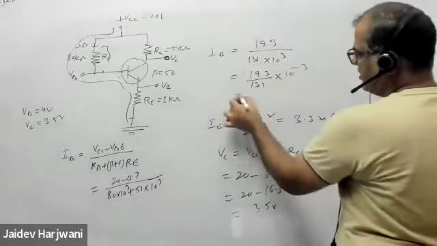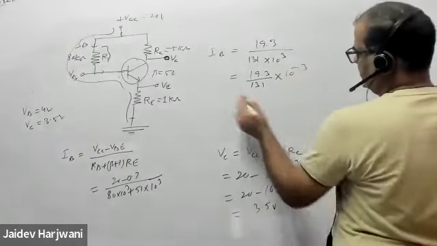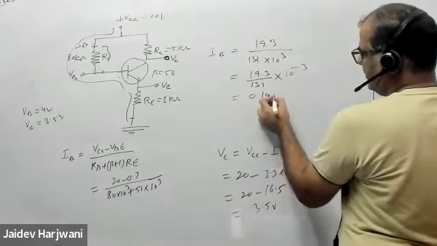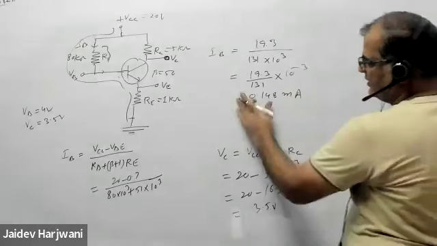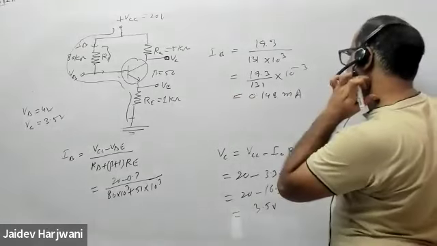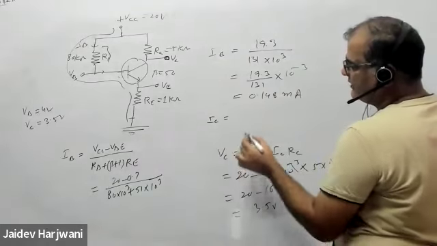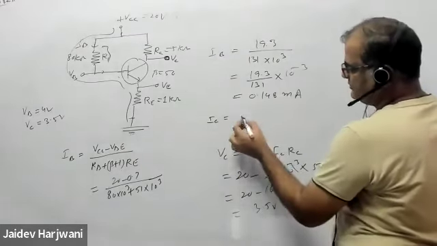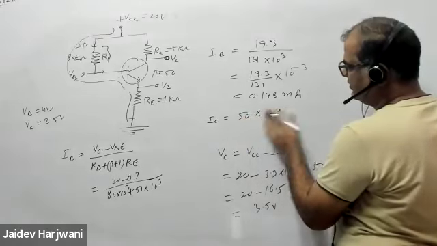How much is coming? 0.148 milliamps. Someone else also recheck this one. Now you can find the IC value. IC will be beta IB. Beta is 50, into 0.148.